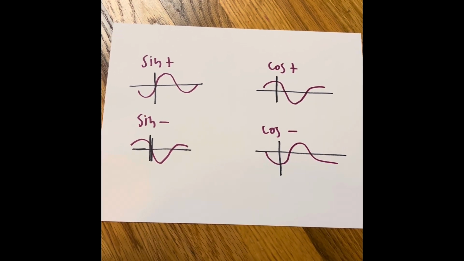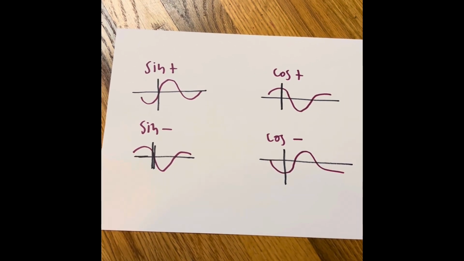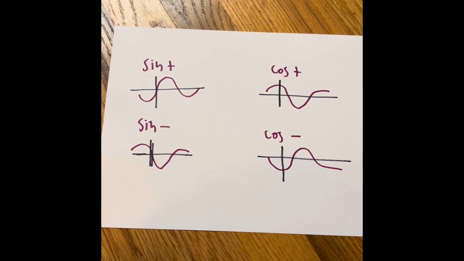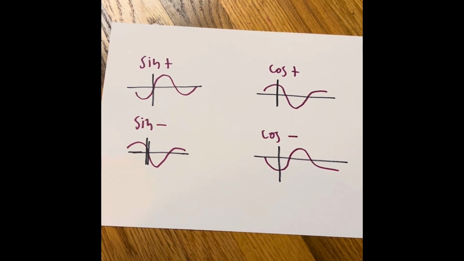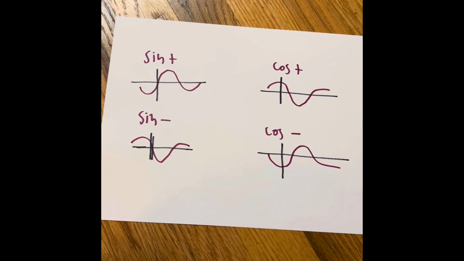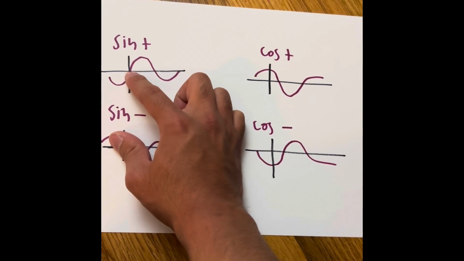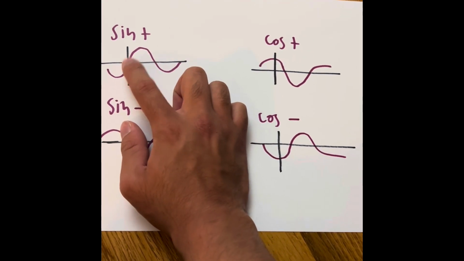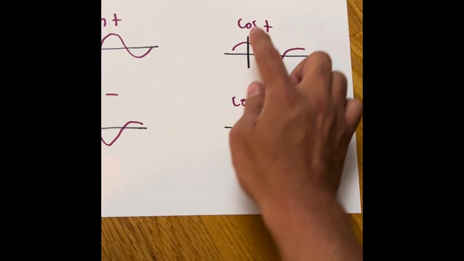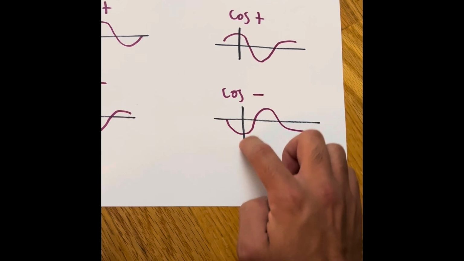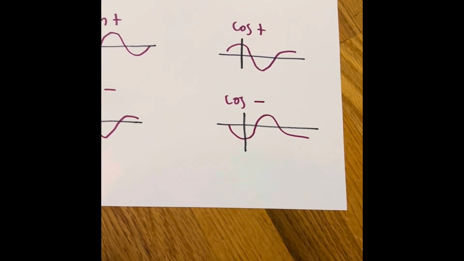So right over here, I made a revised table showing the directions for the sine and the cosines, whether they're positive or negative. What I did here is I put the sine waves where halfway they are having the center touch at the halfway mark. For the cosines, I had the tops and the bottoms touch the y-axis.